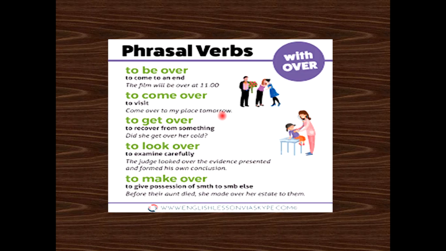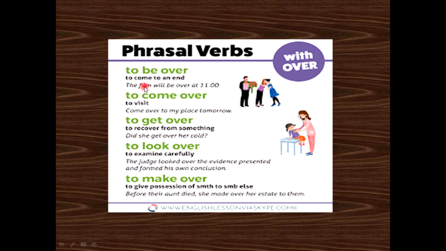I have added one more verb type in it, that is phrasal verbs. These are phrases, where a word gives a sense of something that is not clear in the sentence. Like to be over means to come to an end.